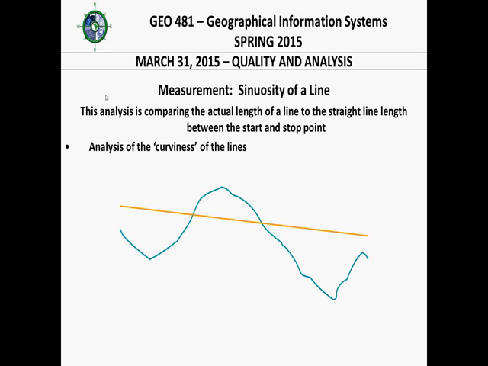So there's a real-world example of sinuosity. Environmental scientists, hydrologists might also use it to analyze stream patterns. If you have a meandering stream, it would have a very high sinuosity. There's another potential example. I haven't done anything like that, but I could see where someone might. Any questions?